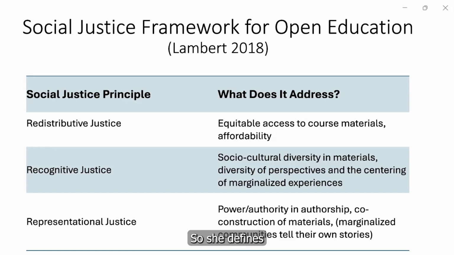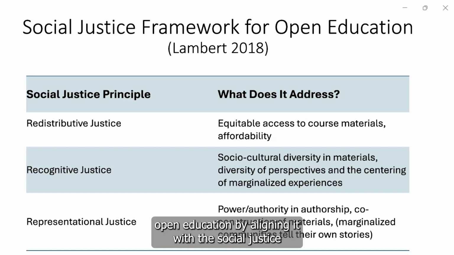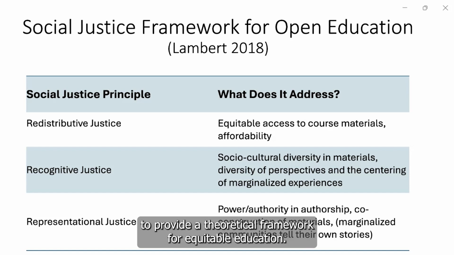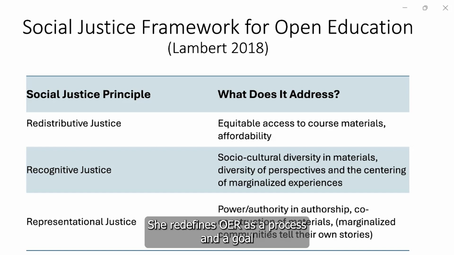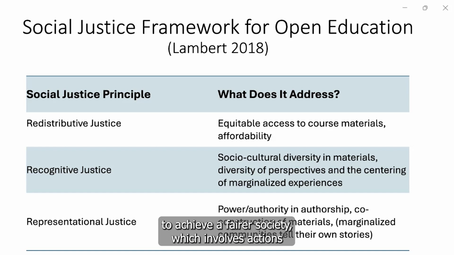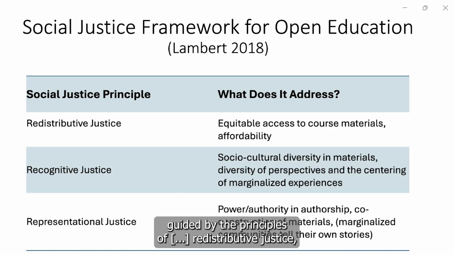So she defines open education by aligning it with social justice to provide a theoretical framework for equitable education. She redefines OER as a process and a goal to achieve a fairer society, which involves actions guided by the principles of redistributive justice, recognitive justice, and representational justice.